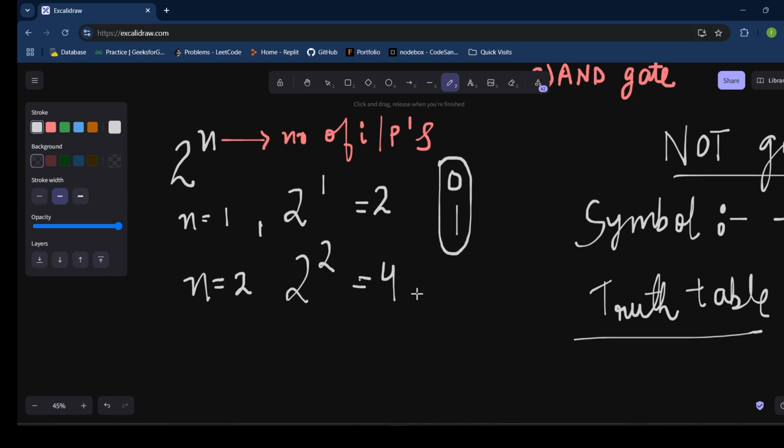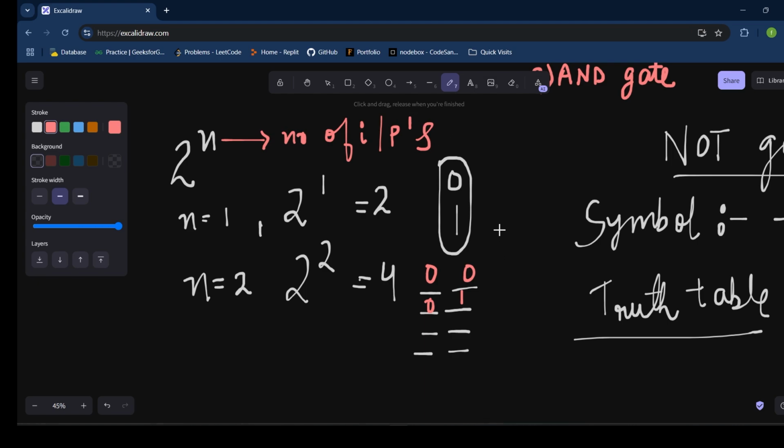Then we will have 4 combinations, something like this. How will we decide what you will write here, like 0, 1, like this, how you will decide what you will enter here. So let me show you that also.